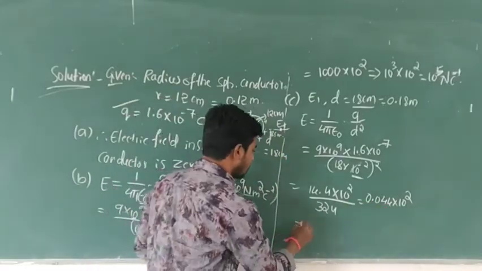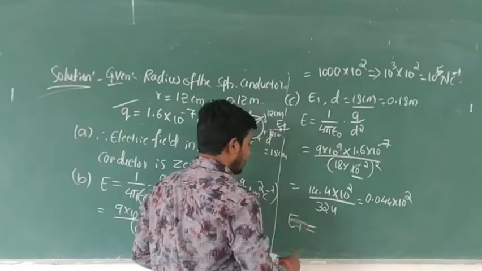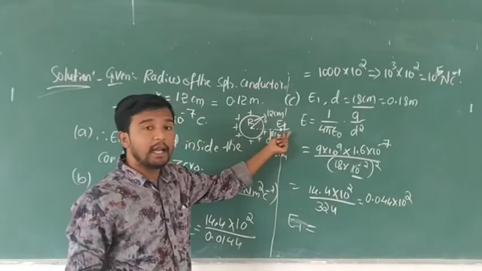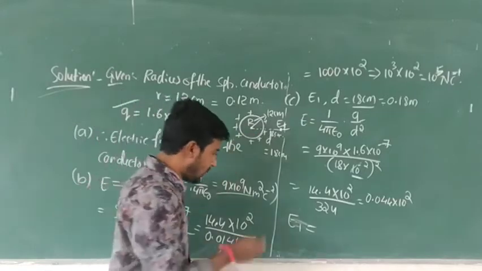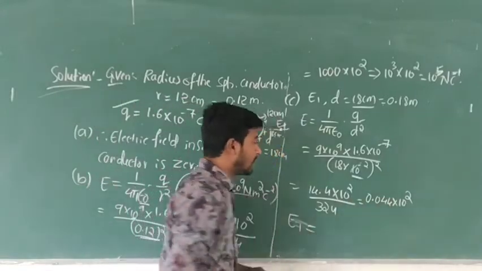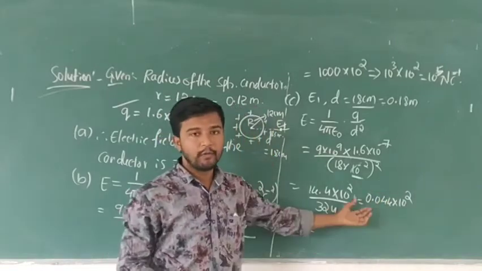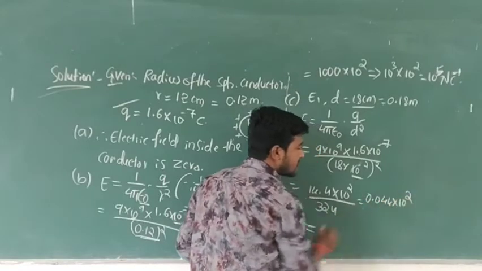So now the final answer, that is the electric field at a point 18 centimeter from the center of the spherical conductor, E1 equal to how much? So 0.044 into 10 to the power 2 we got, but the final answer has 10 to the power 2 there.